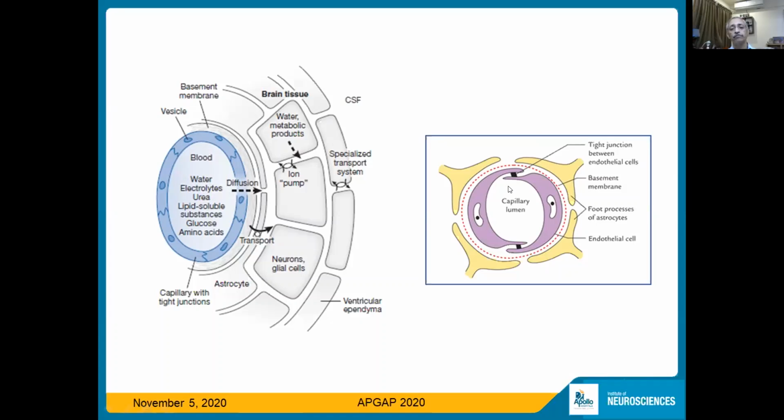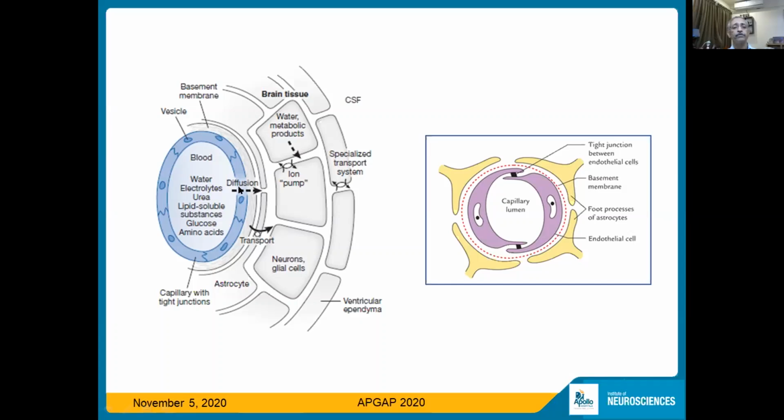However, glucose passes through by facilitated transport, and other substances are transported through active mechanisms.